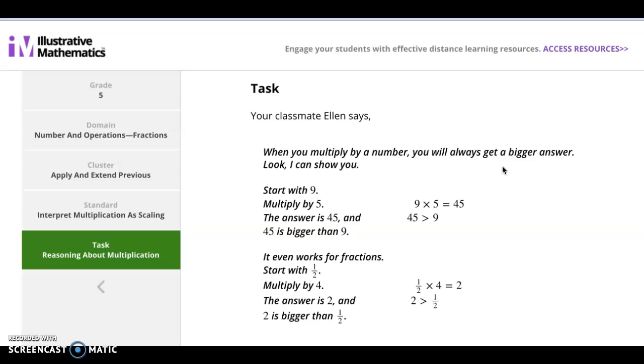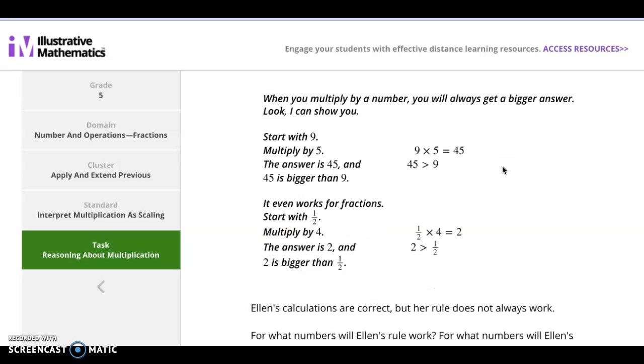Look, I can show you. Start with 9, multiply by 5, the answer is 45, and 45 is bigger than 9. It even works with fractions, she tells you. Start with 1/2, multiply by 4, the answer is 2, and 2 is bigger than 1/2.